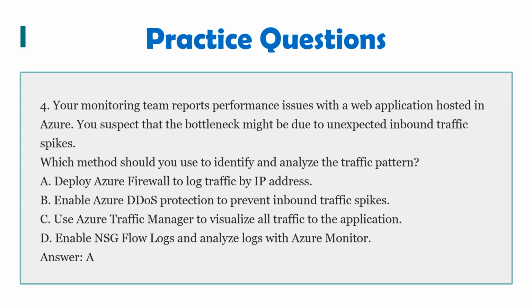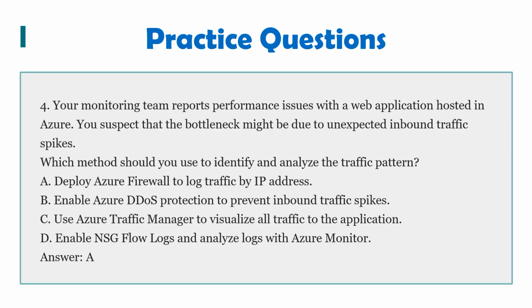4. Your monitoring team reports performance issues with a web application hosted in Azure. You suspect that the bottleneck might be due to unexpected inbound traffic spikes. Which method should you use to identify and analyze the traffic pattern? A. Deploy Azure Firewall to log traffic by IP address.